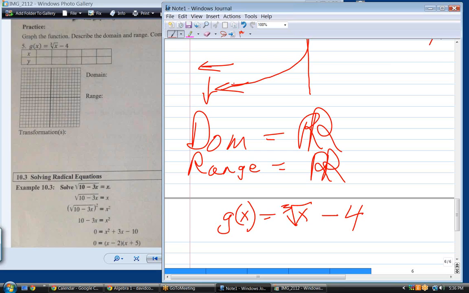Turns into a positive. No, you're confusing a horizontal shift with a vertical shift. Because the minus 4 is outside of the function, it's not inside that radical sign, this is a vertical shift. Which way? Down 4. Yes. Okay. So that's the only thing going on here, a vertical shift down 4.